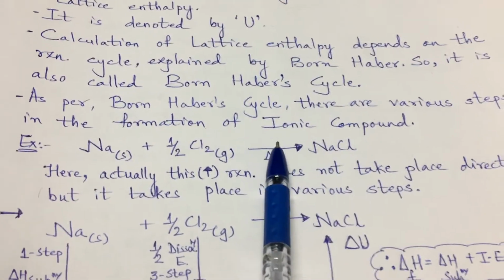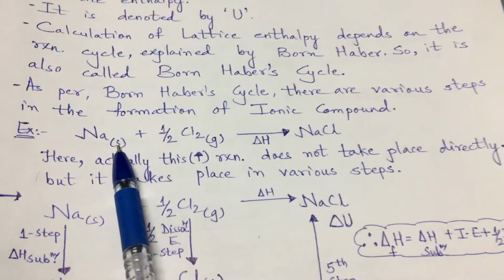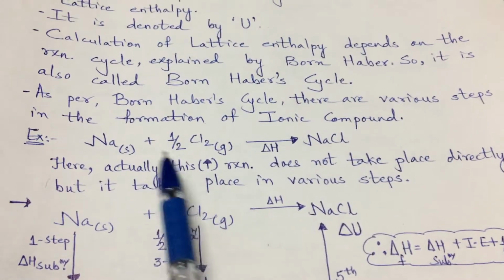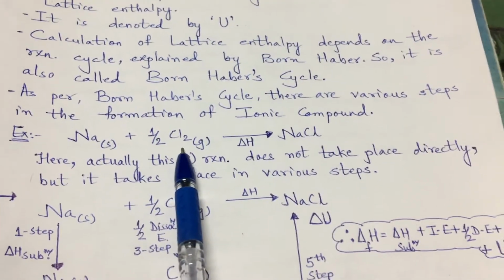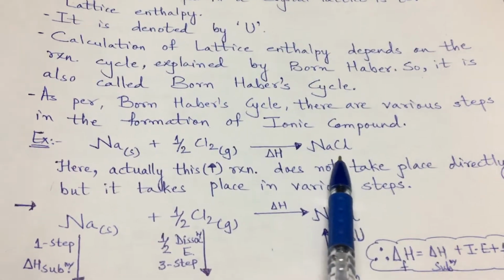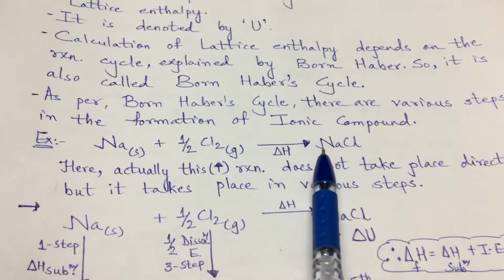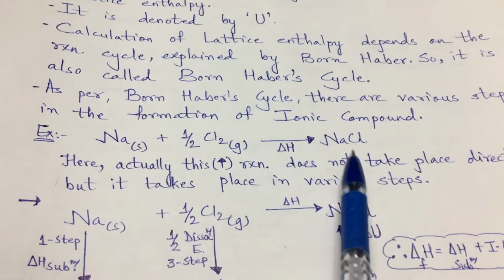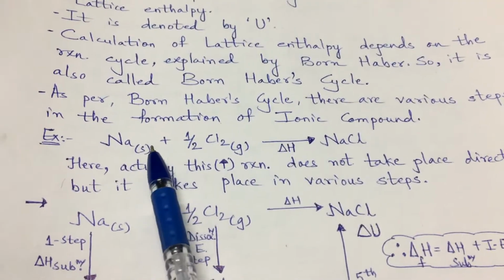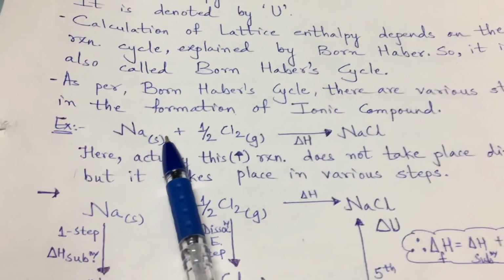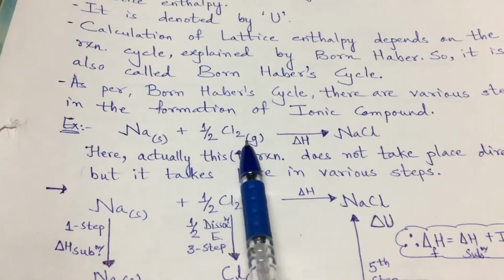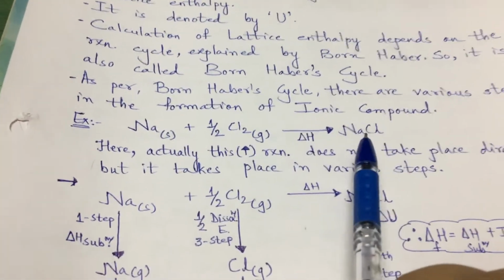As I just told, the formation of ionic compound is not directly just one element reacting with another element to give the ionic compound. But in that formation, the element undergoes ionization to form an ion, and the ion when it reacts with another ion gives a compound, that is ionic compound.